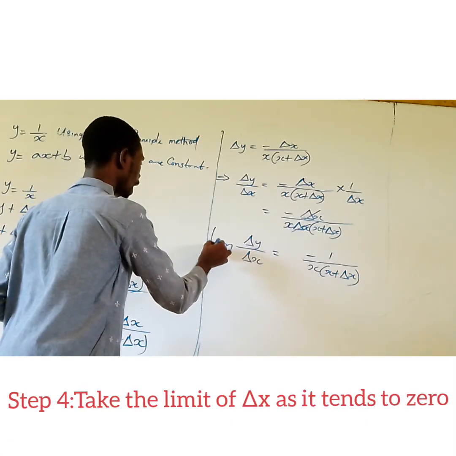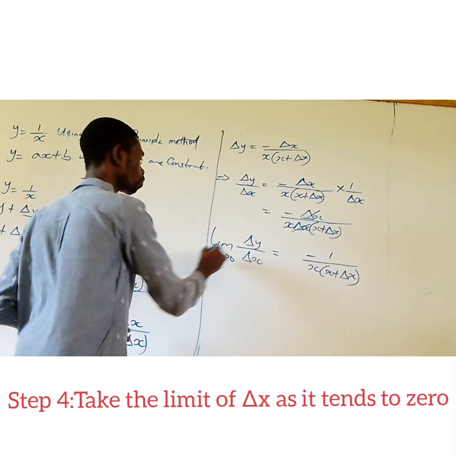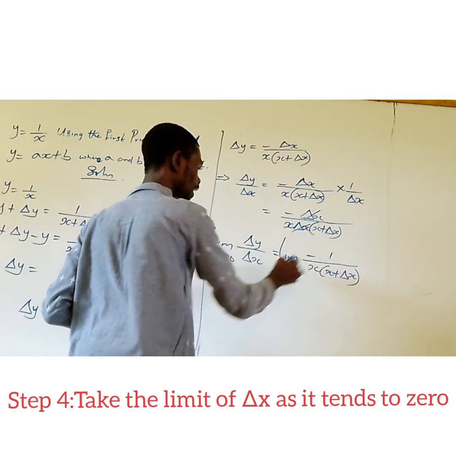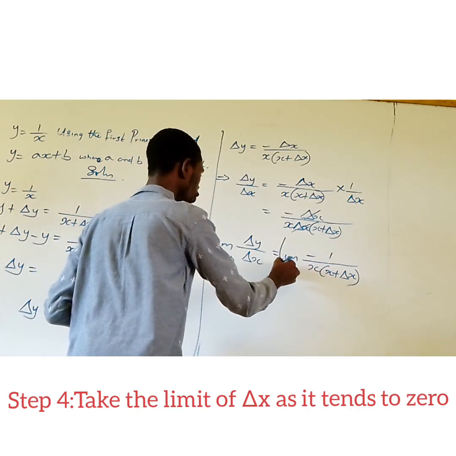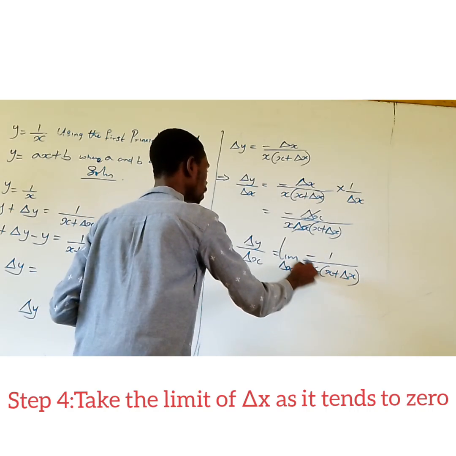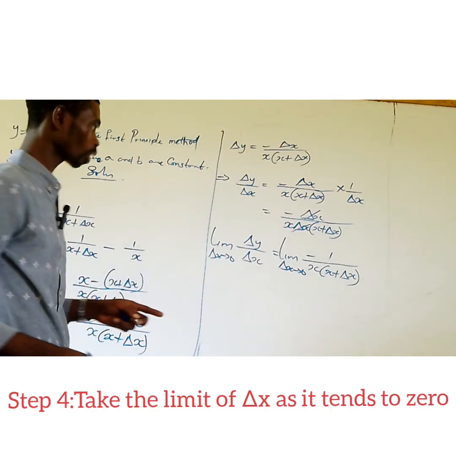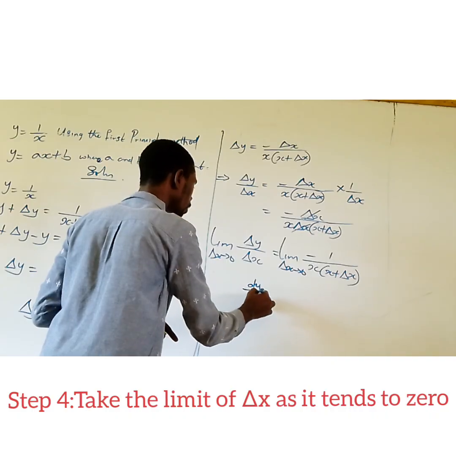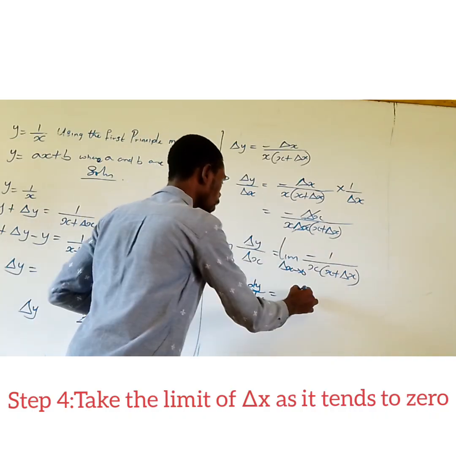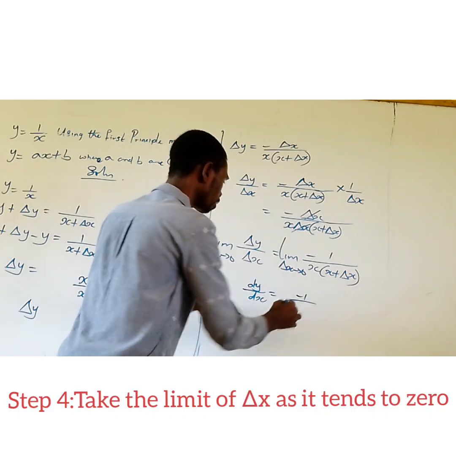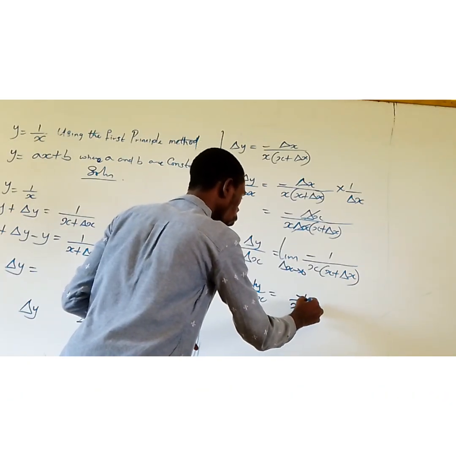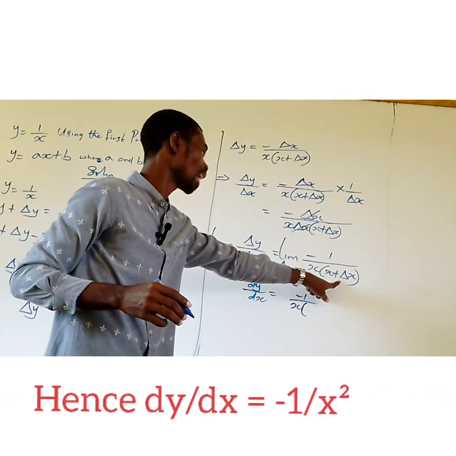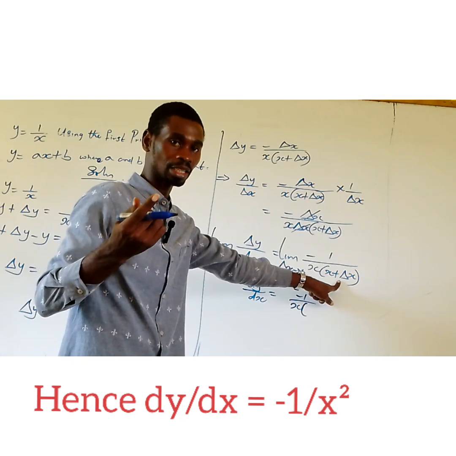Limit as change in x tends to 0 of this, and the same thing, limit as change in x also tends to 0. So this automatically gives us dy dx equals minus 1 over x into x plus delta x, and delta x is 0.